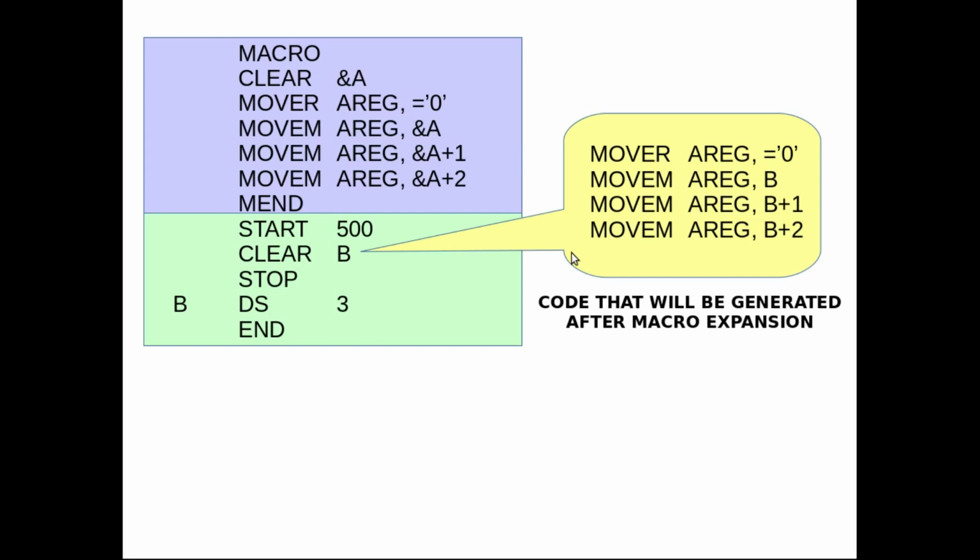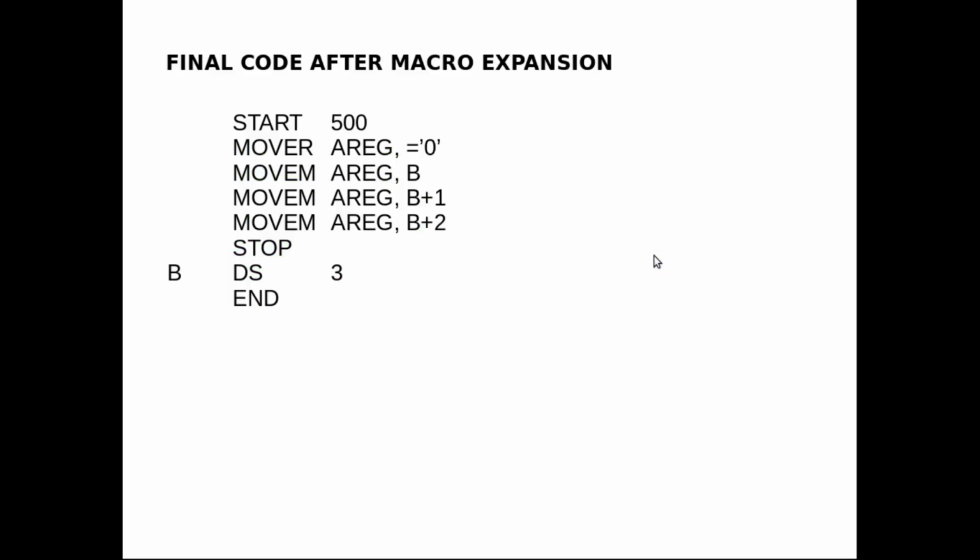I'm not showing the step-by-step generation of the code. By this time you already know how to generate the code for a macro expansion. However, for this macro call, this will be the generated code. And now in place of the macro call, when we put the generated code, this will be your final code after the macro expansion.